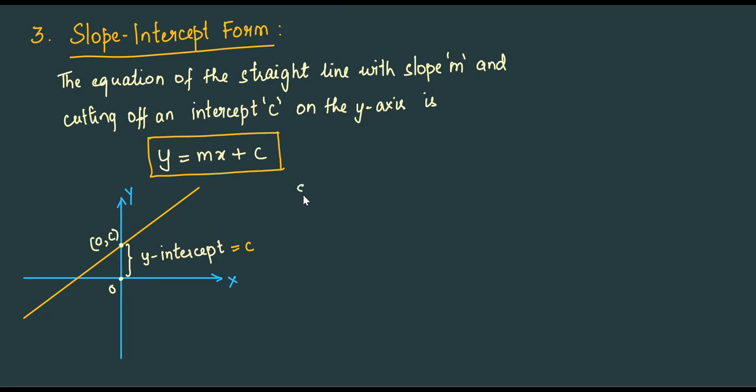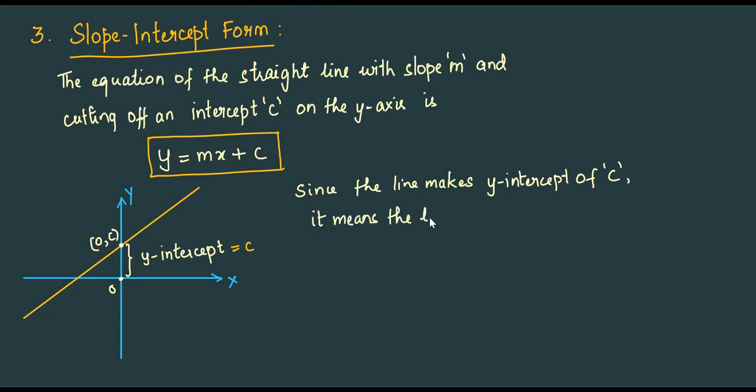Since the line makes a y-intercept of c, it means the line passes through 0 comma c.